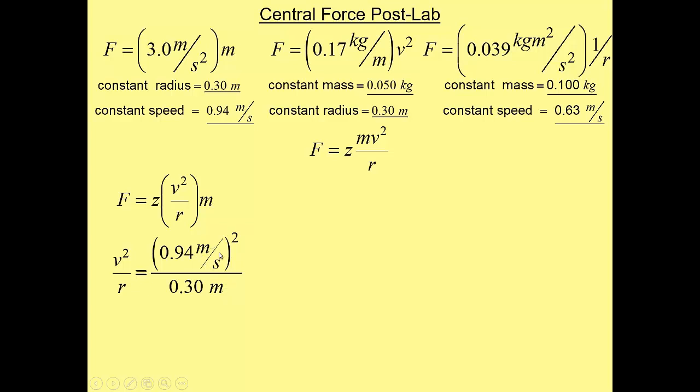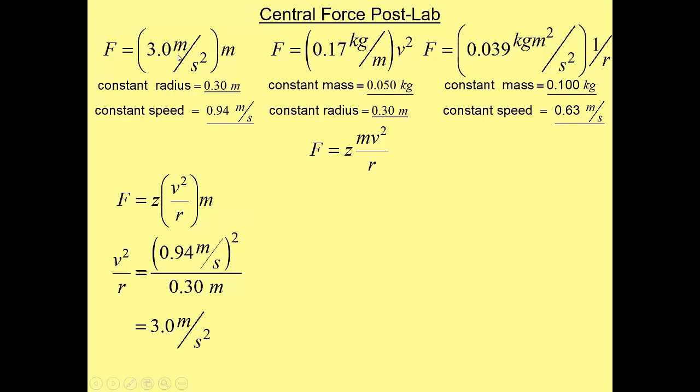If we square the top, we get meters squared per second squared, and the meter on the bottom cancels out with one of the meters on top, which means we are left with meters per second squared, which are the same units as our slope. And if you punch this into a calculator, 0.94 squared over 0.3 is basically, to 2 sig figs, 3.0. So v squared over r is already 3.0 meters per second squared.